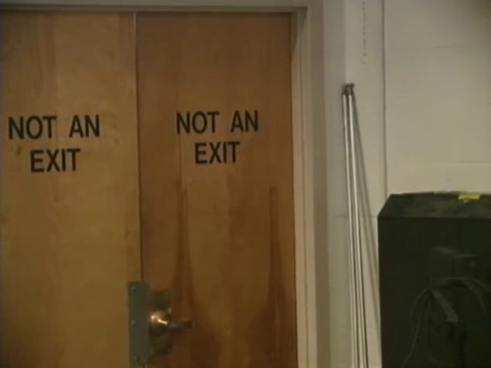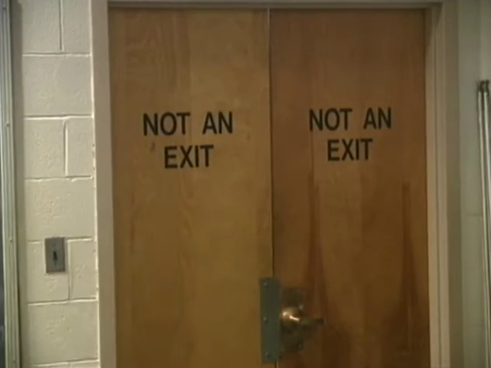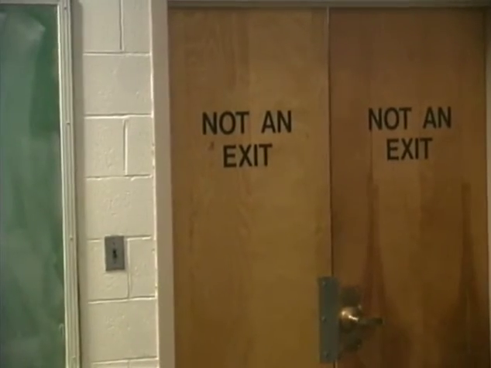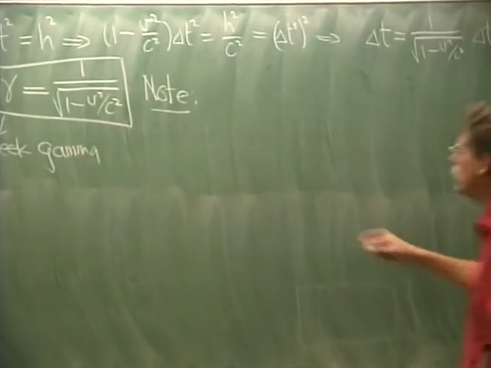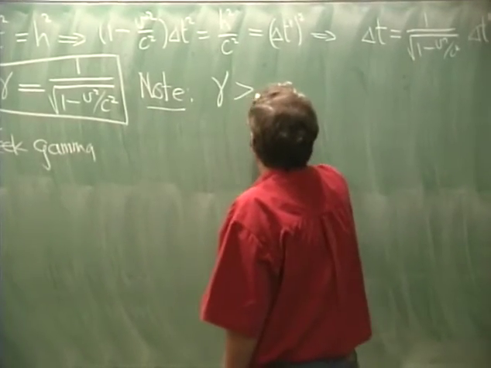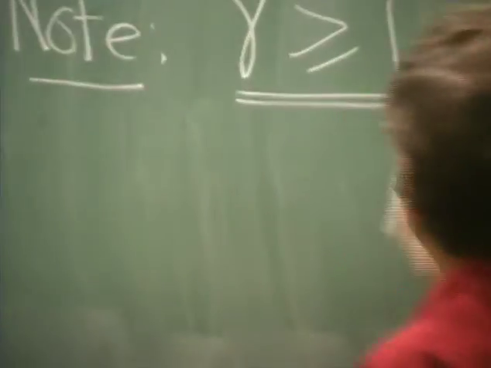But if the boxcar is moving at all, then that gamma number is a number larger than 1. It's handy to have that always in the back of your mind. Gamma, when you see it, is always bigger than 1. Or rather, bigger than or equal to 1, and equal to 1 only in the kind of trivial case where the thing isn't moving at all. Gamma is greater than or equal to 1.